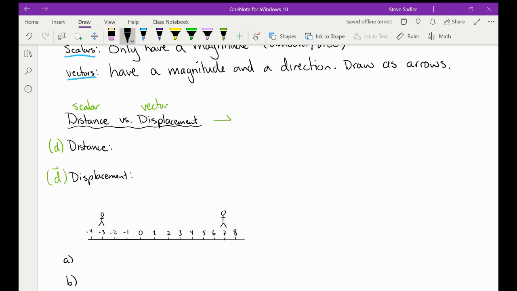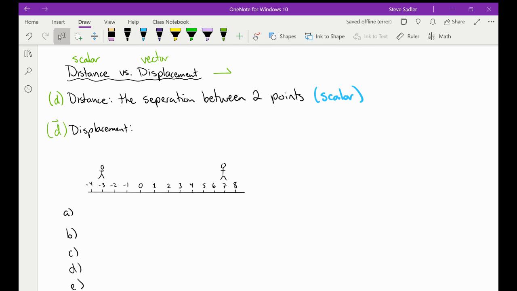So distance is the separation between 2 points. And we know that it is a scalar quantity. I already have written that down, but repetition.